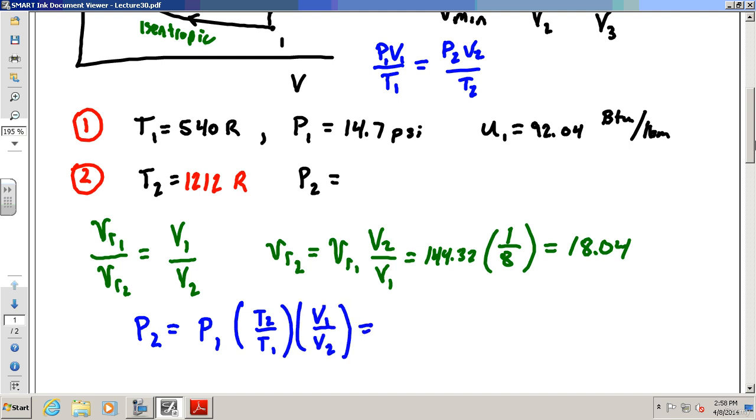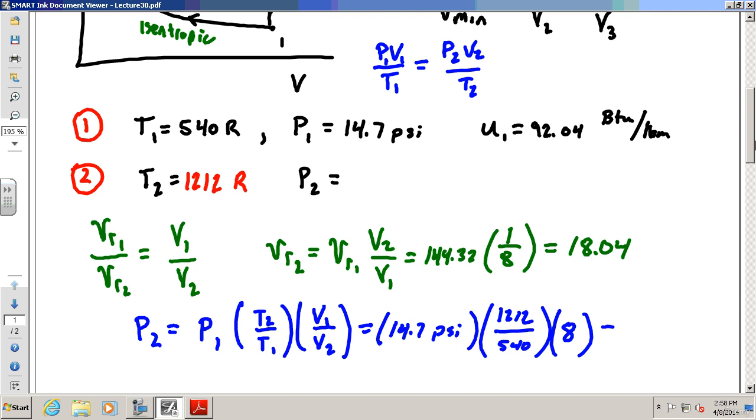And if you work this out, the pressure is good old 14.7 psi. My T2 over T1, well, I just solved for T2, it's 1212. My T1 was 540. And my V1 over V2, that's my compression ratio. Well, that's 8. And so now I just plug all that into my handy-dandy calculator, and I can get my psi of state 2.